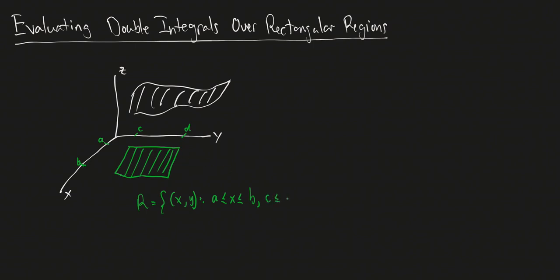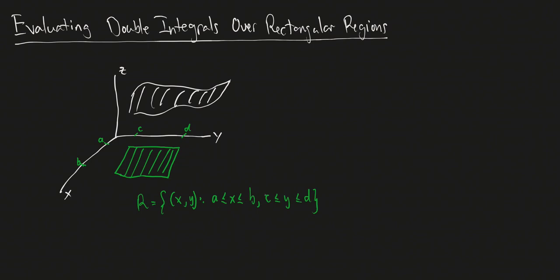You're going to see this sort of notation quite a bit when you're defining a rectangular region. And you can tell right away that it's a rectangle where all four limits, the pair of limits for x and the pair of limits for y, are constants. That defines a rectangular region.